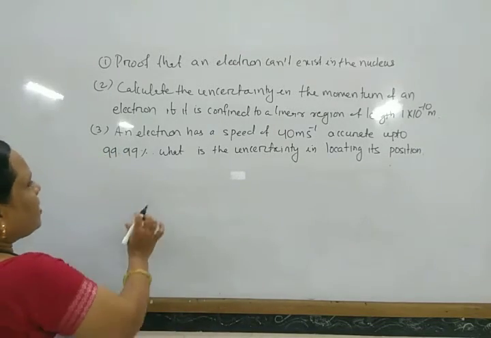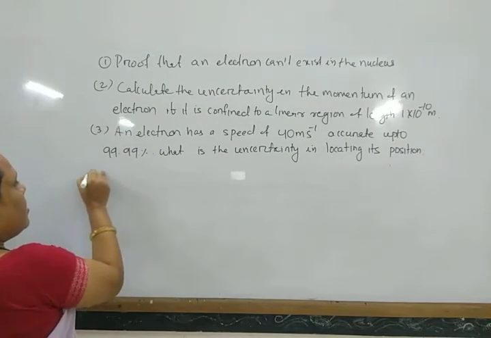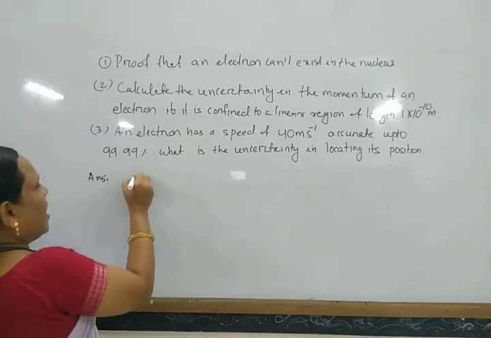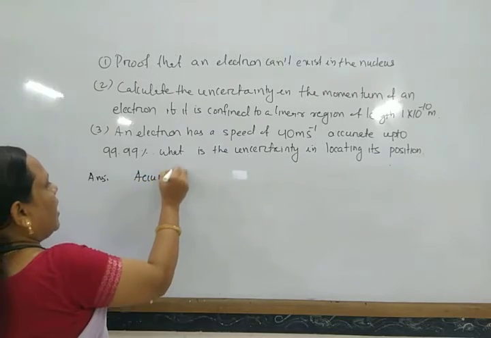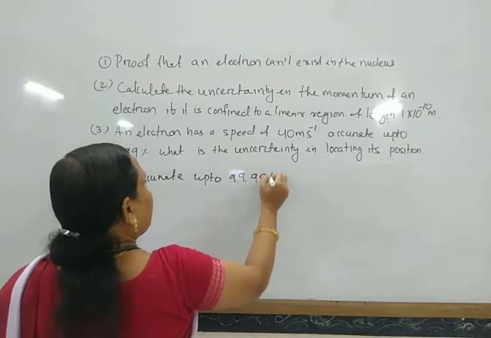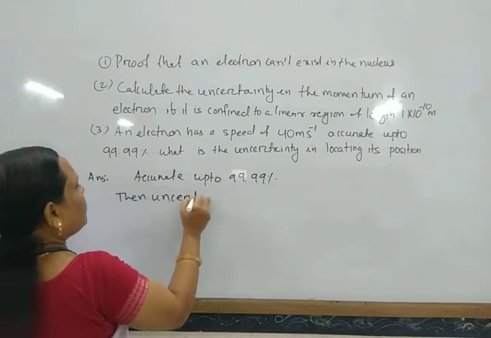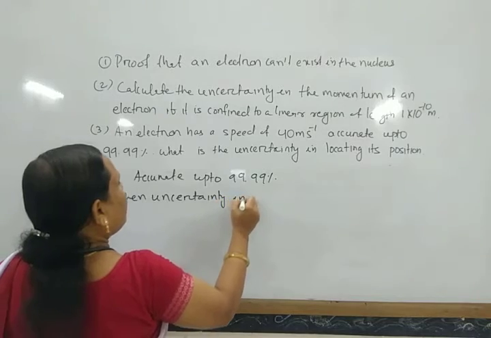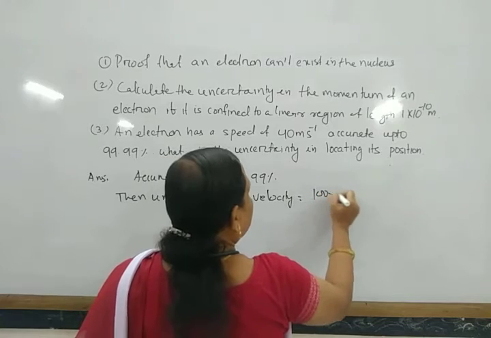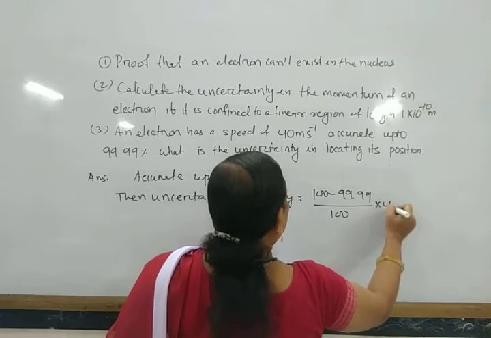So in this way, you have to first find out what is the uncertainty in velocity. So accurate up to 99.99%. Then uncertainty in velocity, that is 100 minus 99.99 by 100 into 40.